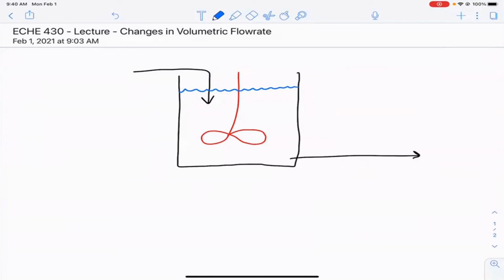And when we have a liquid, all we have to do is assume that the density is approximately constant. And what's going to happen then is that if mass is conserved inside of the reactor, which of course it is because we've solved the mass balances, that means that the change in the volume is equal to 0, right?